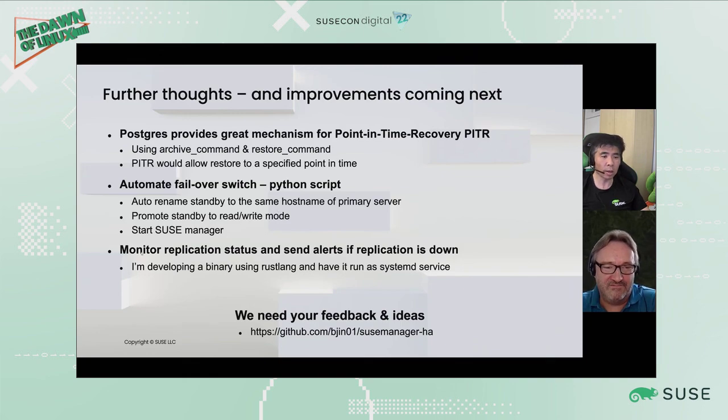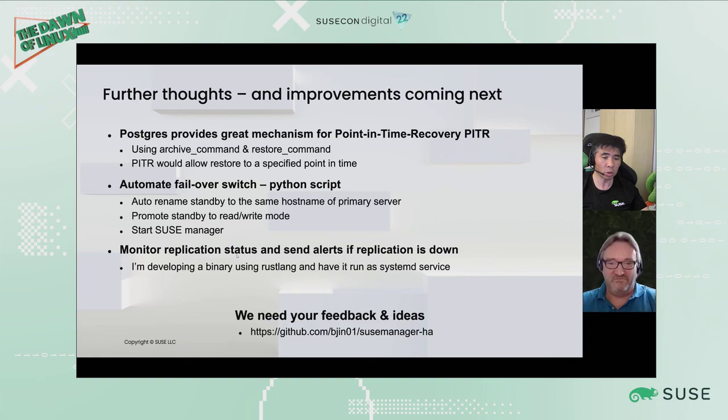And of course, I love monitoring the replication status and sending alerts if replication is not working at all. For that, I'm currently developing a binary, maybe in Rust language, or I started already in Rust, and this will be constantly running on the primary server, just watching the replication status.